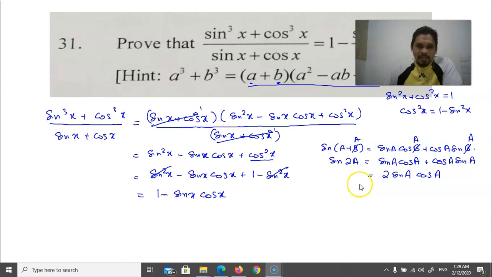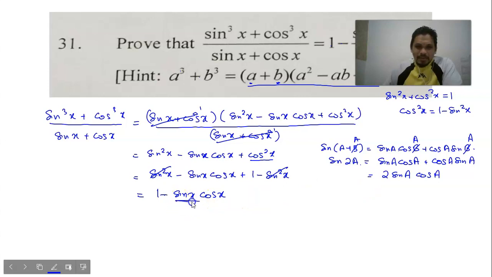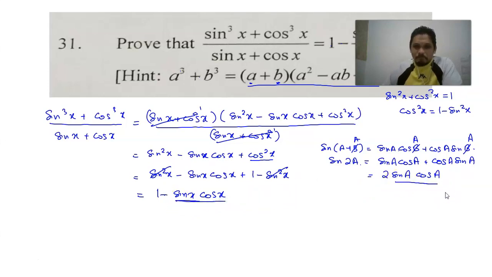I think you can detect something here now, right? Sine x cos x and sine A cos A. Meaning here, divide by 2 left and right, sine 2A divided by 2 equals sine A cos A. Meaning here, sine x cos x equals sine 2x divided by 2.